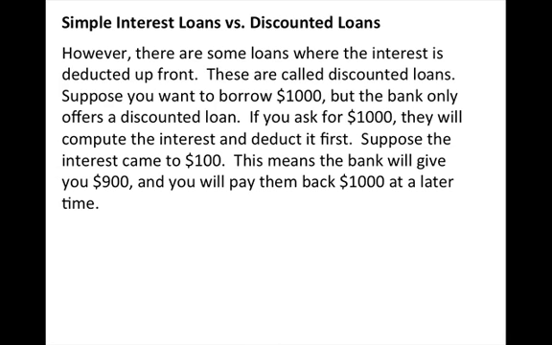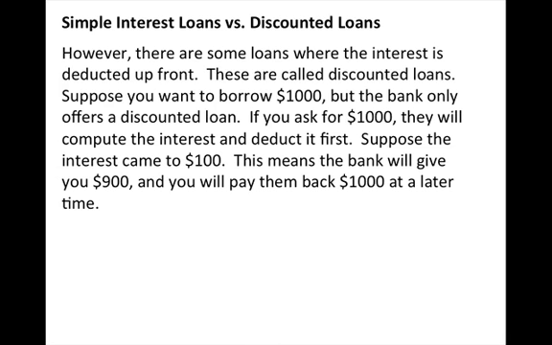But there were some loans where the interest is deducted up front, and these are called discounted loans. Suppose you want to borrow $1,000, but the bank only offers a discounted loan. If you ask for $1,000, they're going to compute the interest and deduct that first.